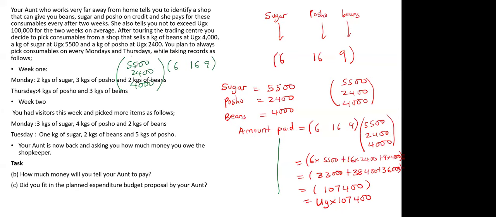This one is 1, 2, 3, so it is 3 by 1. Then here we are multiplying by 1 by 3. So we expect that our resultant will be a 3 by 3.